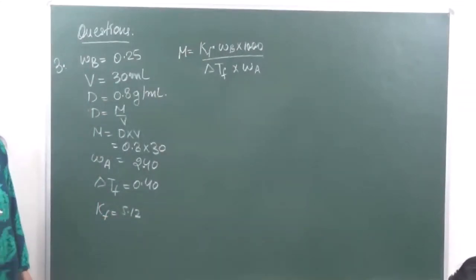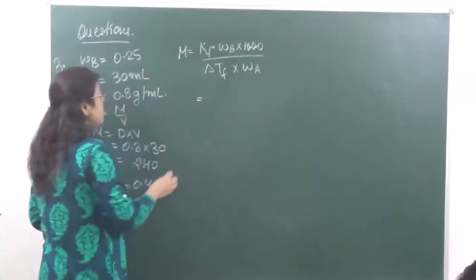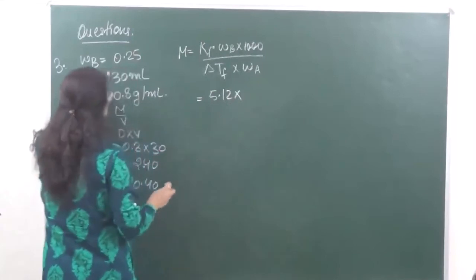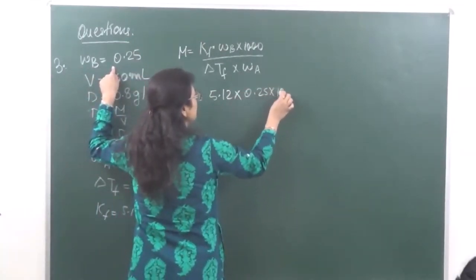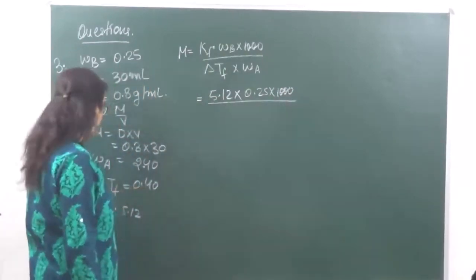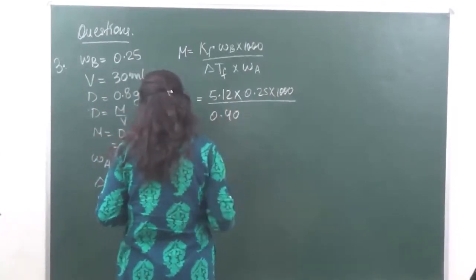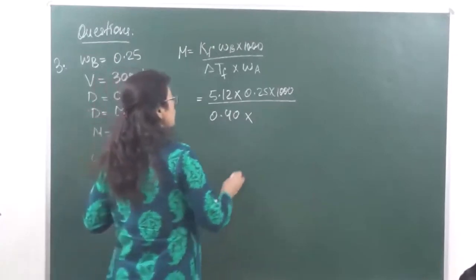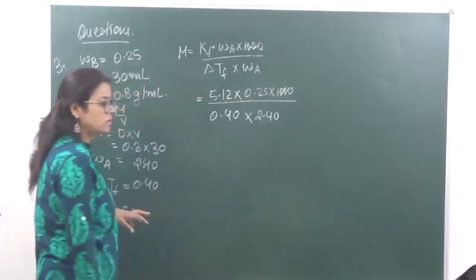Okay. So Kf is given to us as 5.12. Wb given to us is 0.25 into 1000 upon delta Tf given to us as 0.40 and Wa given to us is 2.40. Right?